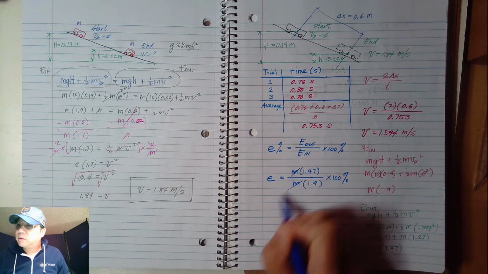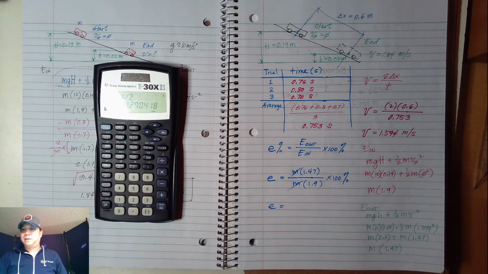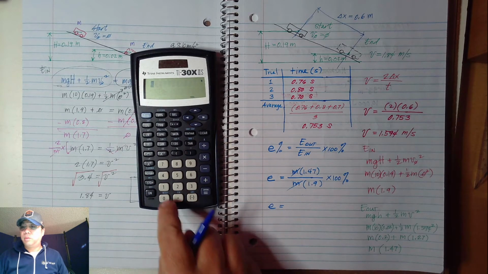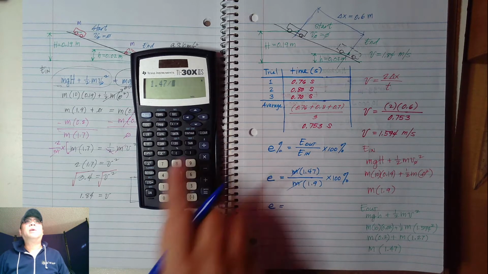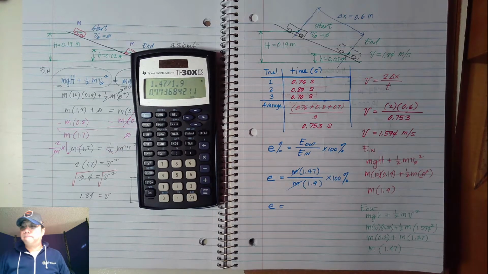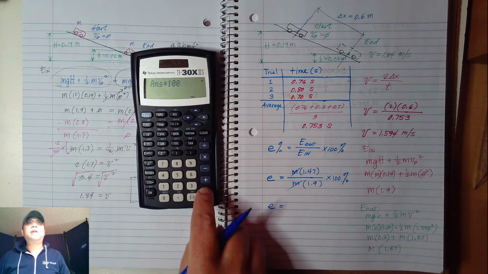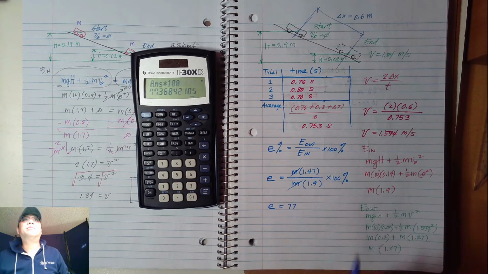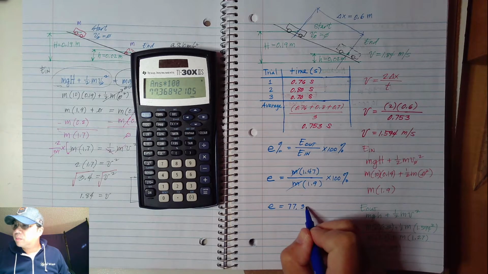The m cancels out, so using a calculator, 1.47 divided by 1.9, multiplied by 100. So the ramp, based on this experiment, would have an efficiency of 77.37%.